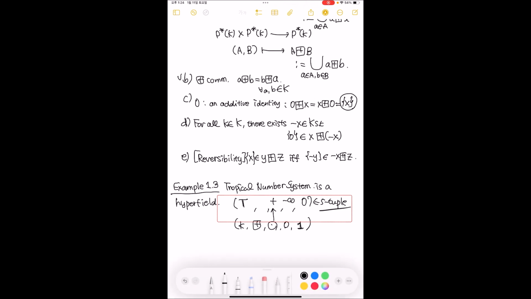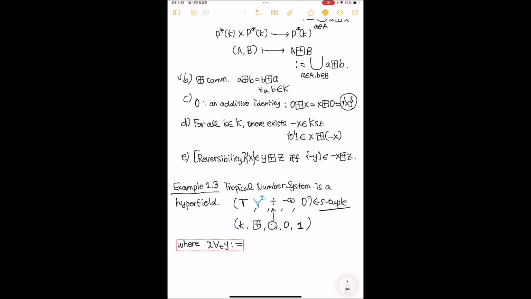And the strange part of this is where the hypersum is defined by the result.